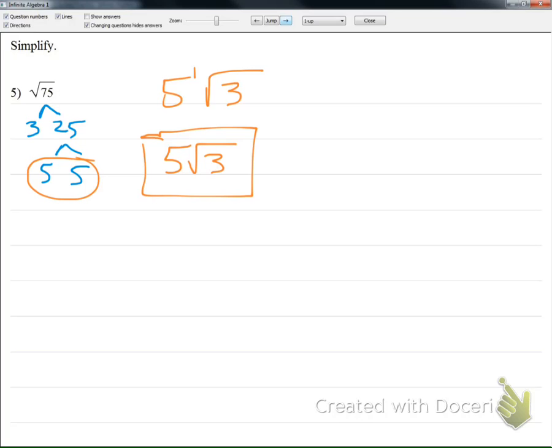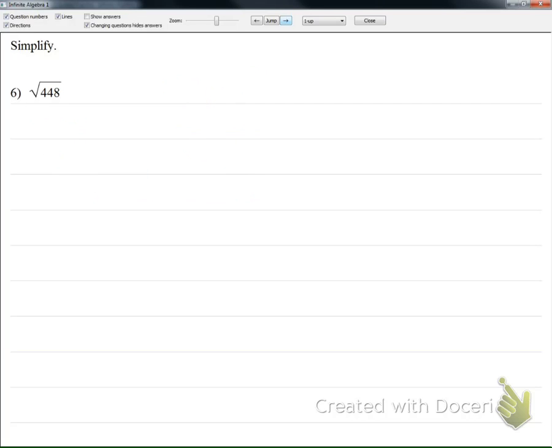I'm not going to let you on your own just yet, so let's go ahead and do a couple more. Go ahead and start number 6 and let's see how far you get. 448 can be divided by 2, 224, which can be divided by 2, 112, which can be divided by 2.